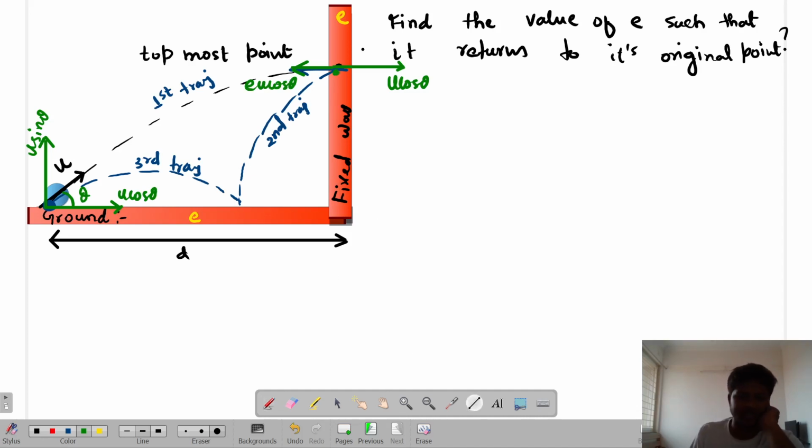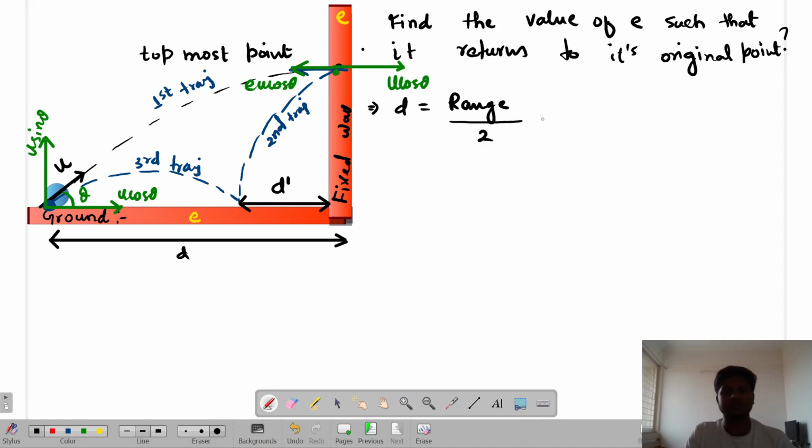So the point arises: what is this distance which this ball has fallen in the first part? I call it d dash. Let's suppose d is nothing but range by 2, isn't it?